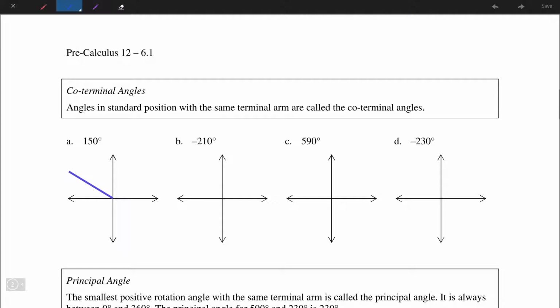It is in quadrant 2 since it is somewhere between 90 degrees and 180 degrees. Now, it is 30 degrees away from 180. And so that's how we can get 150 degrees.